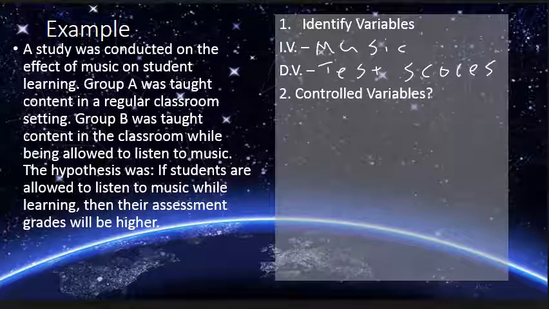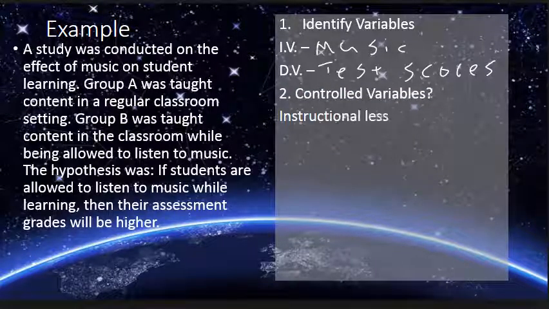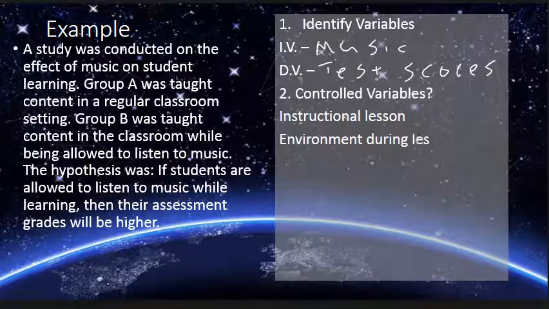And then you have to think about your controlled variables. Some of them might be the instructional lessons. So what is being taught to the students needs to be taught in as close to the exact same way as possible. The environment during the lesson, so regardless of the music or no music, the temperature, time of day, classroom setting, all have to be as close to the same as possible.